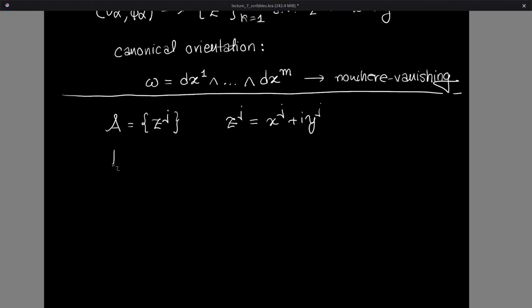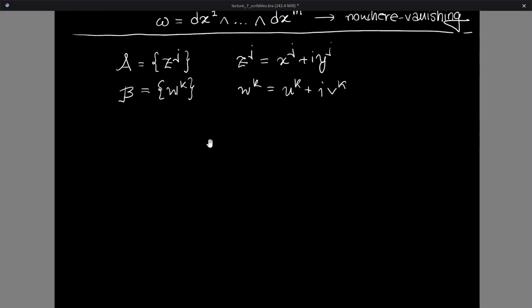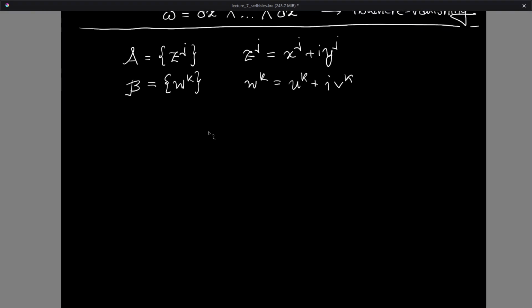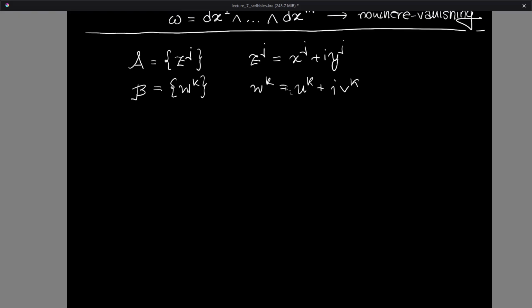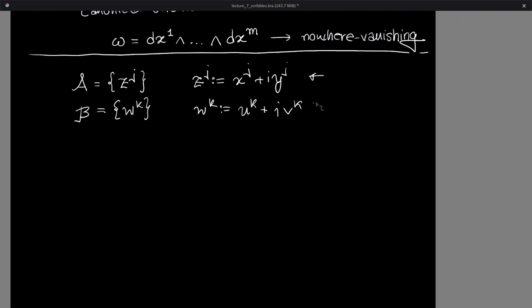And then we have a different coordinate system, w_k, where w_k is equal to u_k plus i v_k. So these are our two local coordinates, and they're by definition decomposable. These are both holomorphic coordinates.